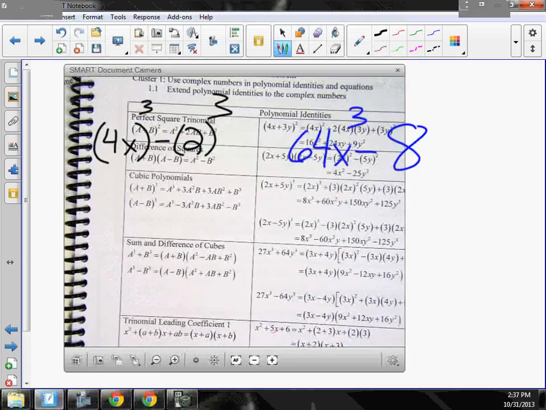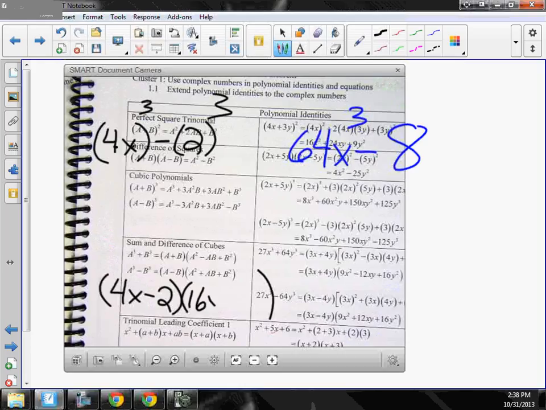And then you just follow the pattern on page 21. So this would be 4x minus 2 times, what's 4x squared? Not 16. So it's 4 times 4 is 16. x times x is x squared.